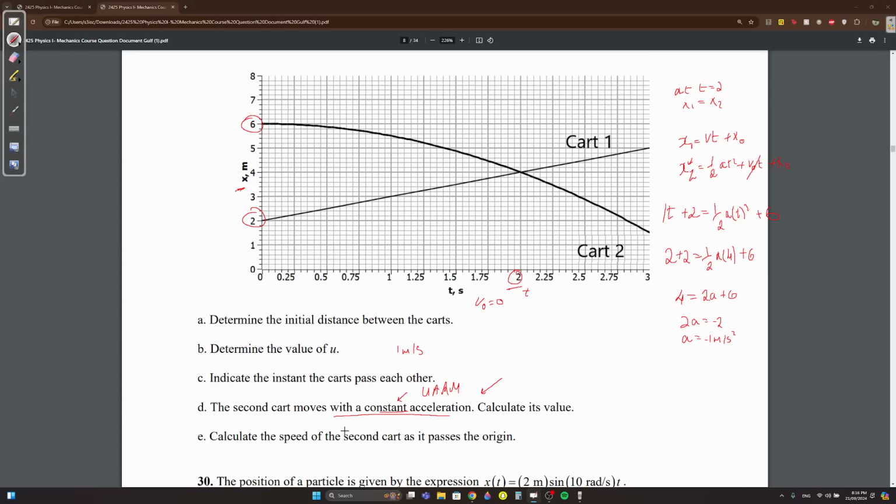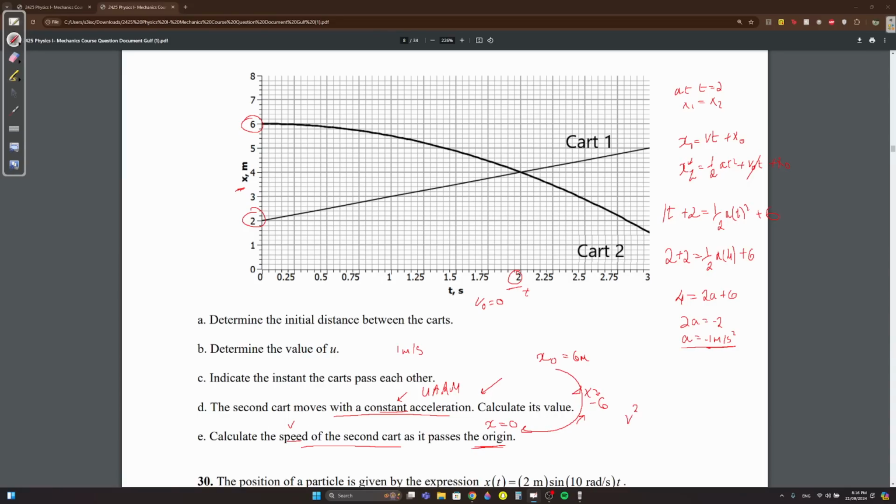For part E, calculate the speed of the cart as it passes the origin. Origin is when x equals 0. We know that x initial is 6 meters, so to go from 6 to 0, we have to go minus 6, so delta x is minus 6. They want speed, so they want v. Now we have a, so we want to find the velocity without time.